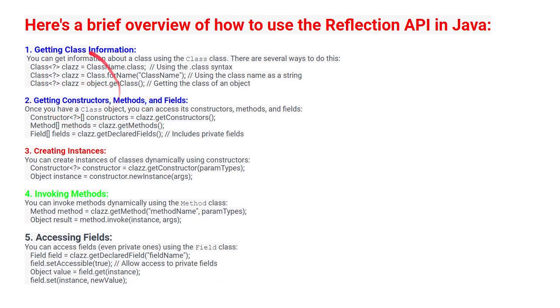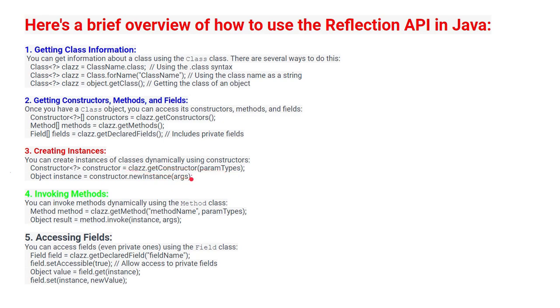So these two parts are done with the coding. Now you can see creating an instance. You can create an instance of the class dynamically using a constructor. For example, constructor equals class.getConstructor, and you can give the parameter types, otherwise you can get the constructors also.